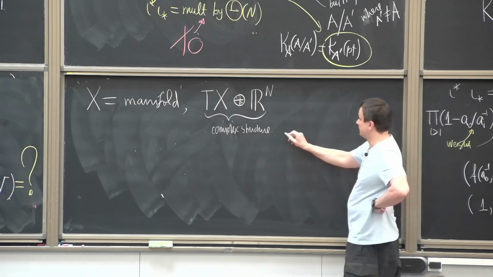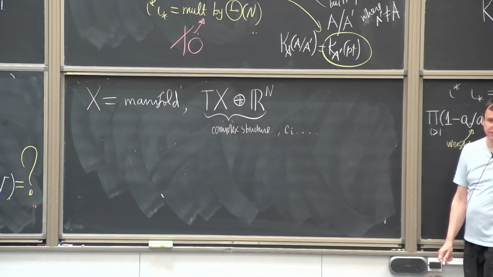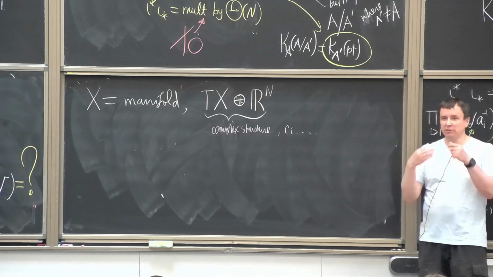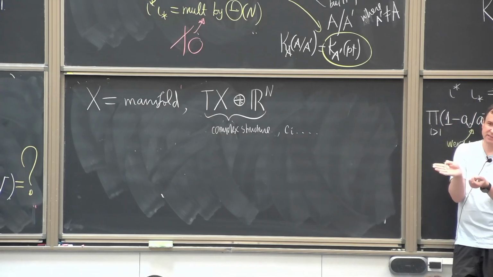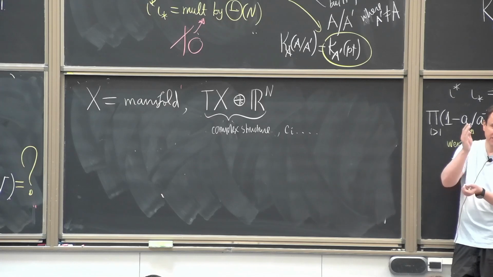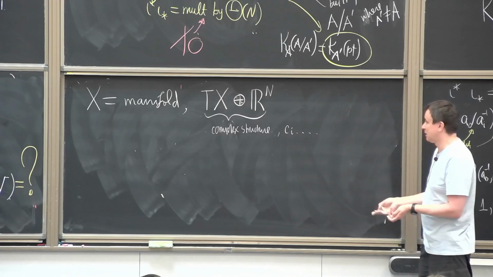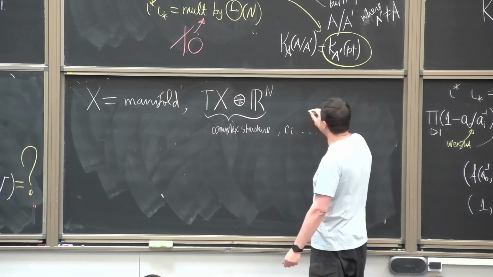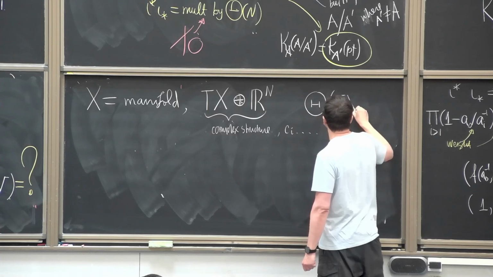These manifolds are called stably almost complex. If your manifold has multiplication by i in its tangent bundle, it's called almost complex. If you add some copies of a trivial bundle and it has multiplication by i, it's stably almost complex. So it has Chern classes, and in particular a theta class of the tangent bundle.